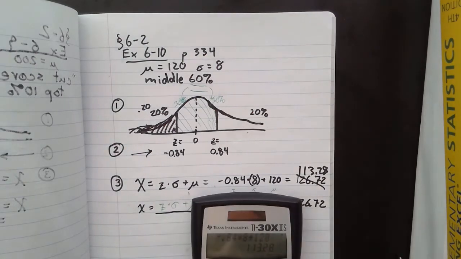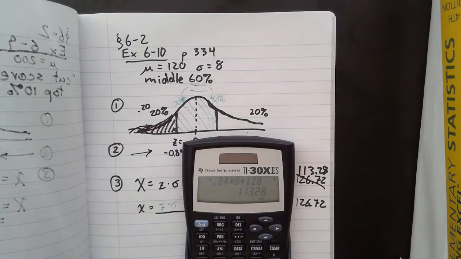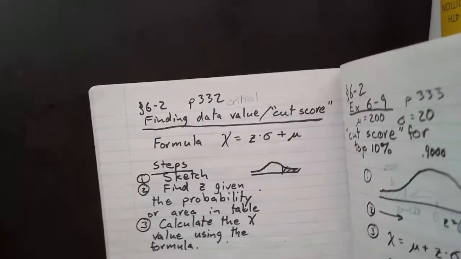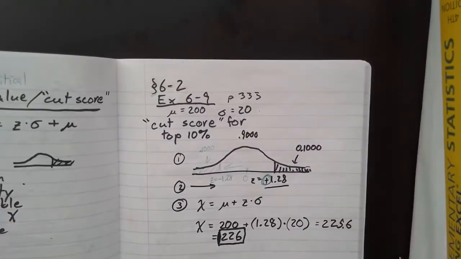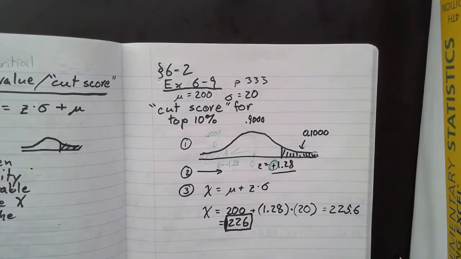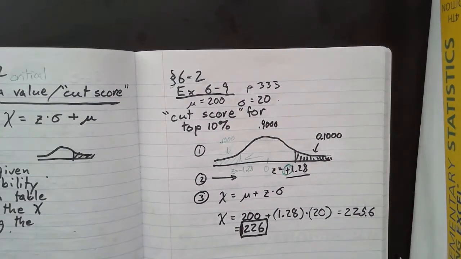I just want to show you on your calculator, usually it doesn't matter what order you do things in, but if you are using a version of the formula that is more in line with the order of operations. For instance, here we did the multiplication and then the addition. If we had used the version that I wrote down on the other page, which is this, mu plus z times sigma, there we'd maybe have to be a little bit careful about it.